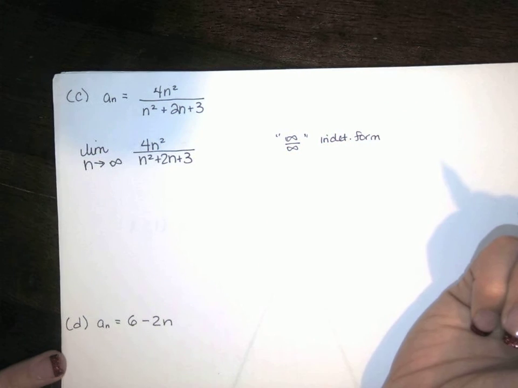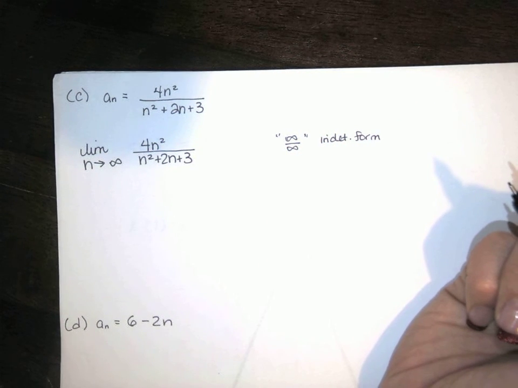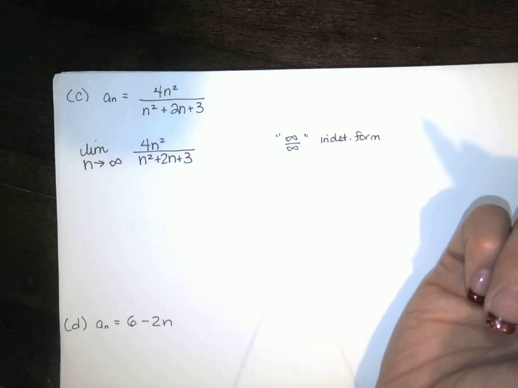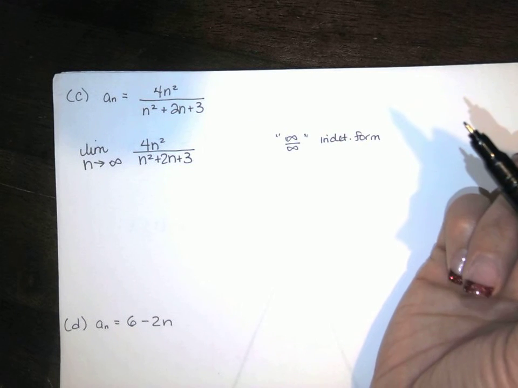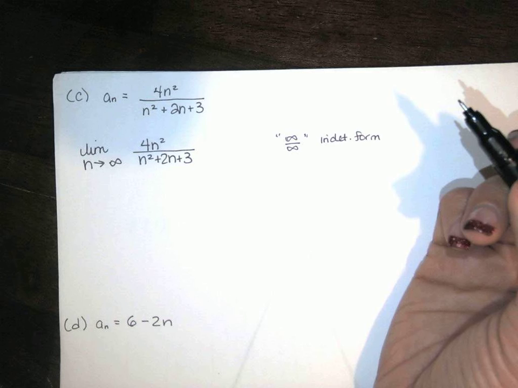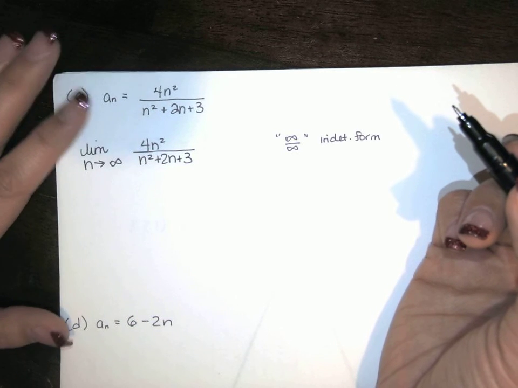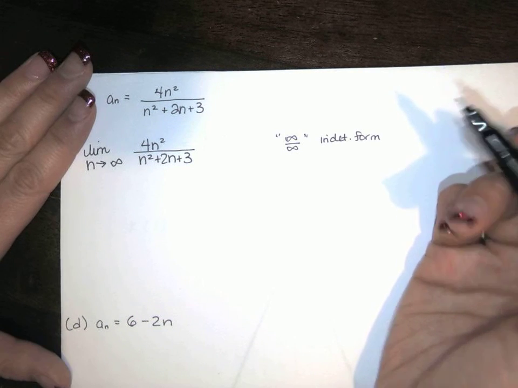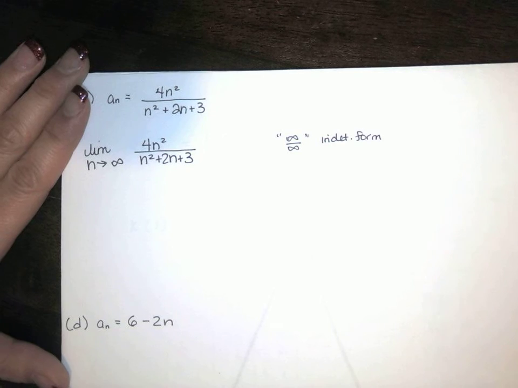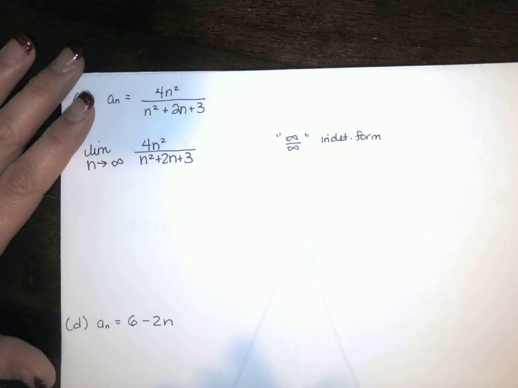Now, if you want to use L'Hopital's rule, you can, but you can't use these n's. You've got to change to x, and we're going to talk about that in a different video. I'm going to give you another way for evaluating this limit that does not require L'Hopital's rule. There are going to be some other problems in the next video where we have to use L'Hopital's rule, so we'll review that then.